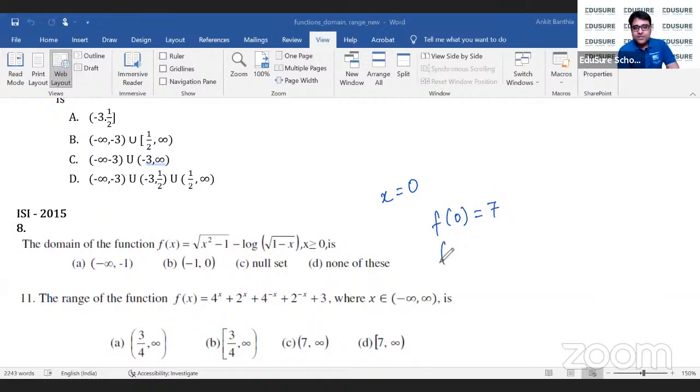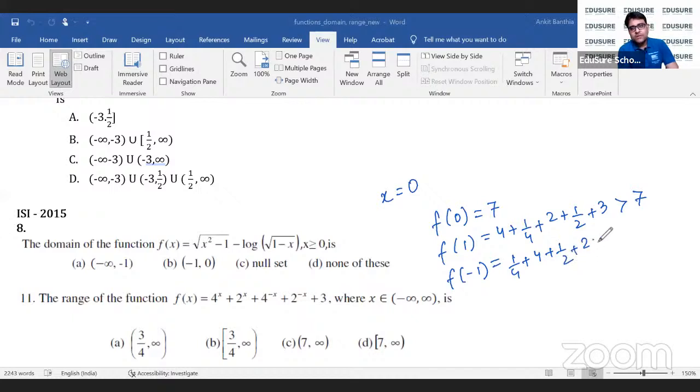You'll notice that whichever other value I take, f1, f minus 1, like f1 is 4 plus 1 by 4 plus 2 plus 1 by 2 plus 3, this is obviously greater than 7. f minus 1 will be 1 by 4 plus 4 plus 1 by 2 plus 2 plus 3. It is the same value as f1. You'll notice that the lowest value that you will get for the function is when x is equal to 0.